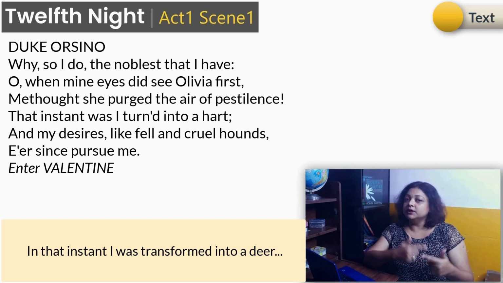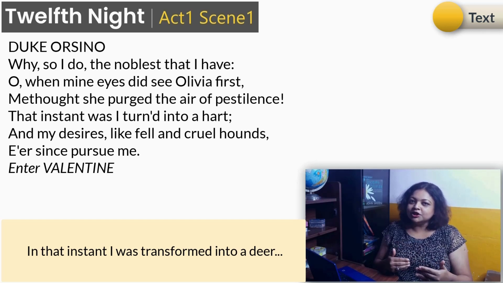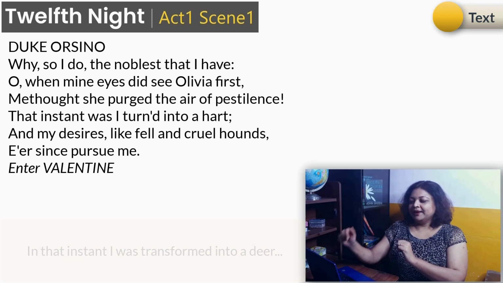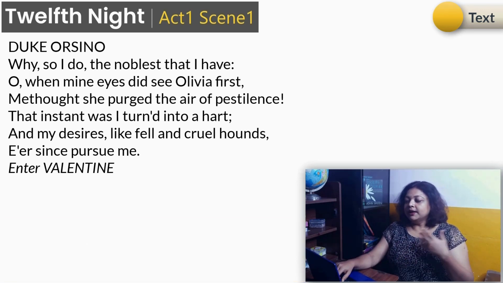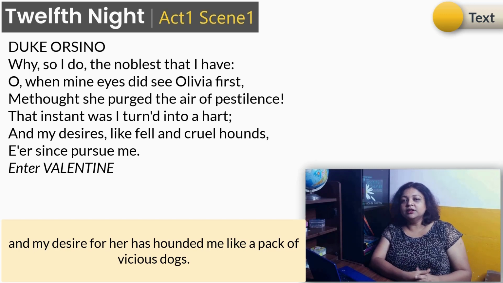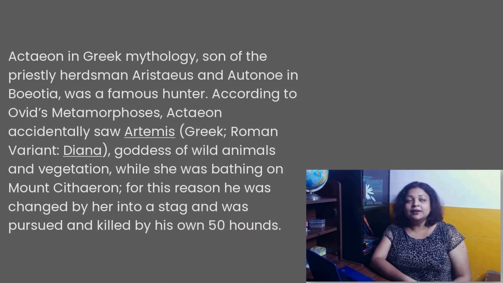Because he continues the allusion to a Greek myth. He says, "And my desires, like fell and cruel hounds, ever since pursue me." In Greek mythology, there was this guy called Actaeon, who went hunting with his hounds, with his dogs.